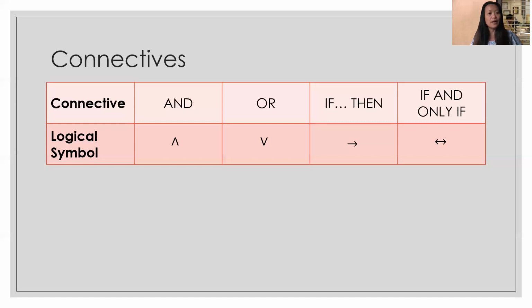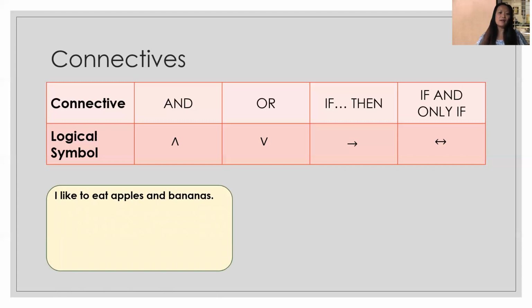Okay, now for example, if the compound statement is, I'd like to eat apples and bananas. Okay, so there's the word and there, right? So we know that's a compound statement. In this compound statement, you have 2 simple statements.